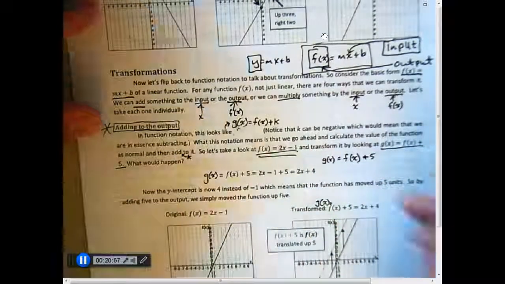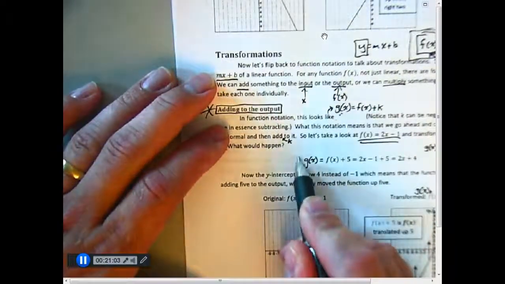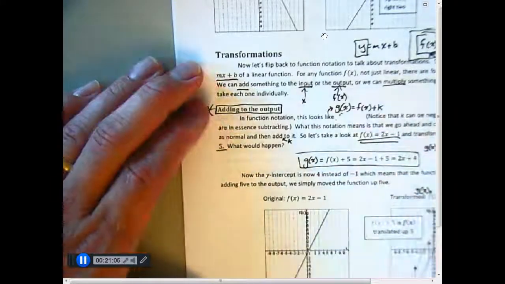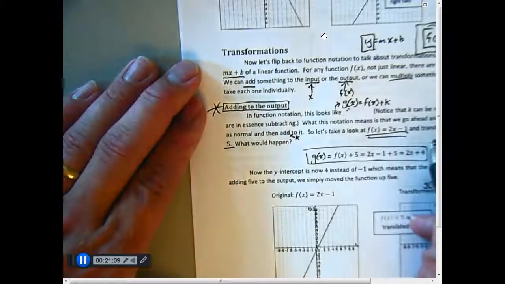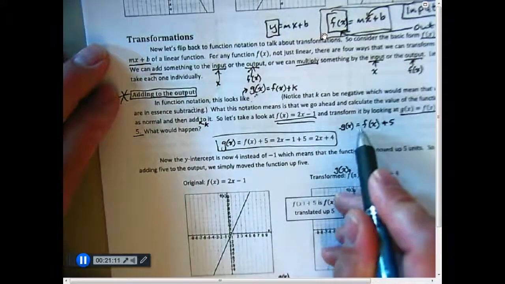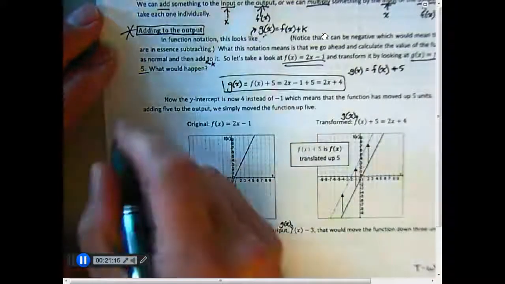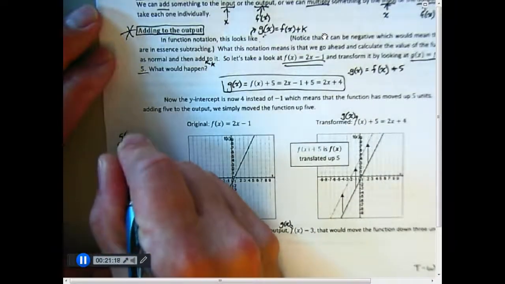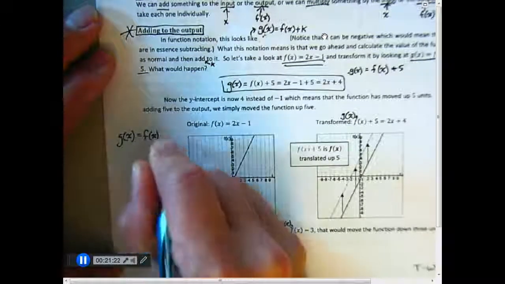Notice all that's happened here, and if I were you, I would probably take this, they kind of go through it really fast right here. Let's actually work through it so you know what's happening. So maybe take this function that is off the screen, take this function right here, and you have a bunch of white area right here. Let's go ahead and just write it here. That way we can work through it actually how we would do it on paper.